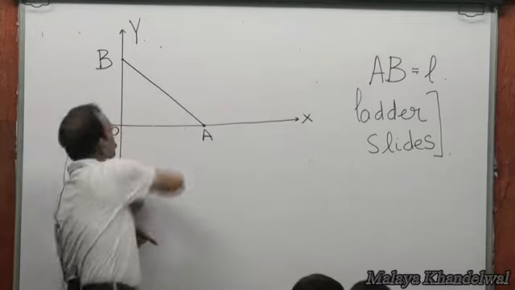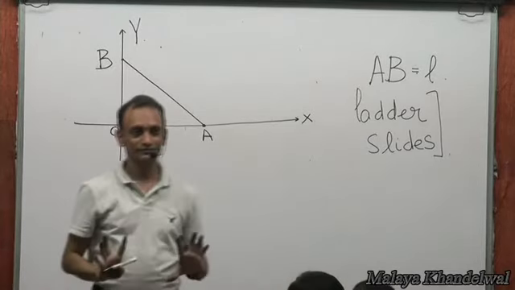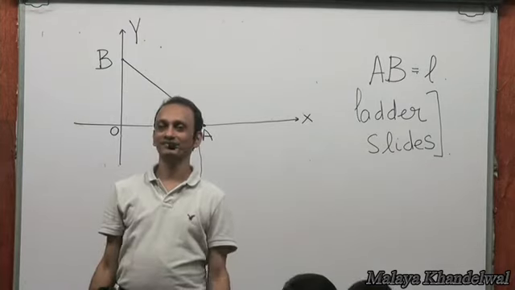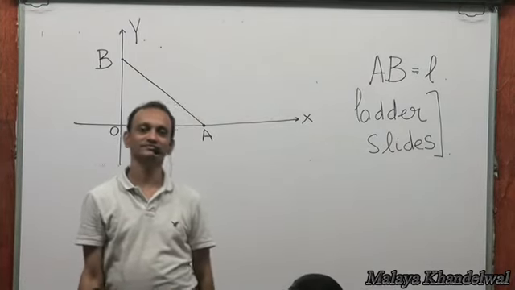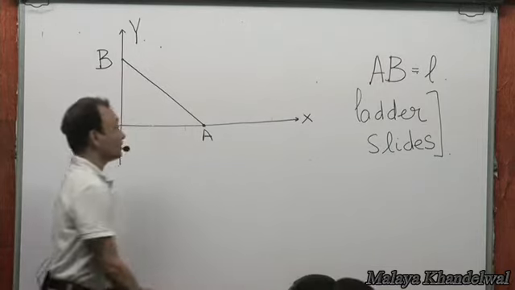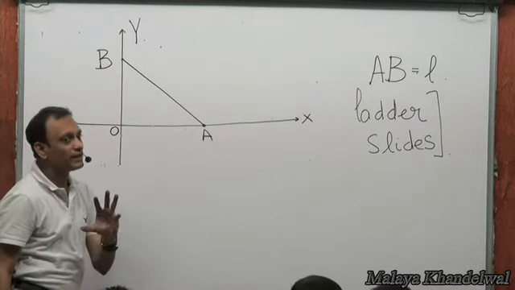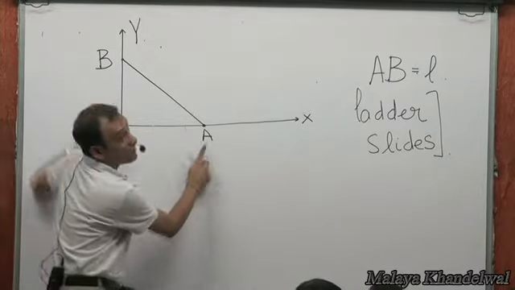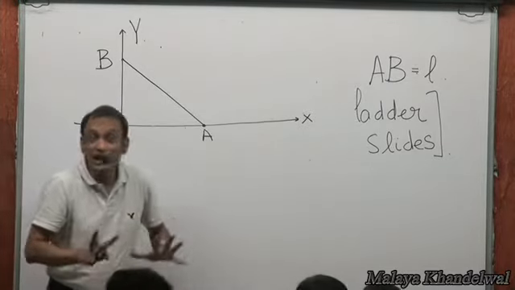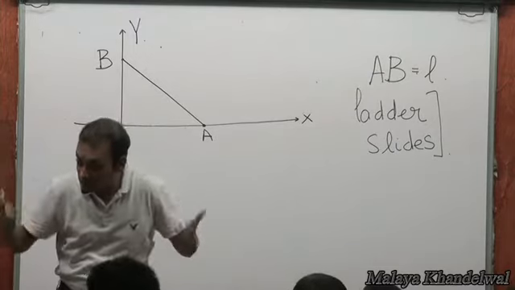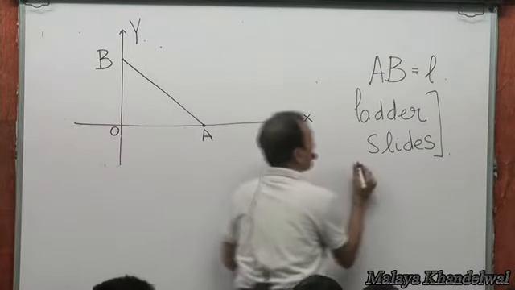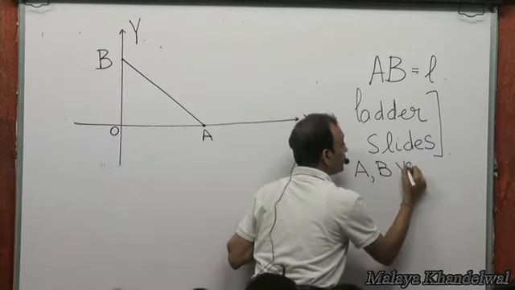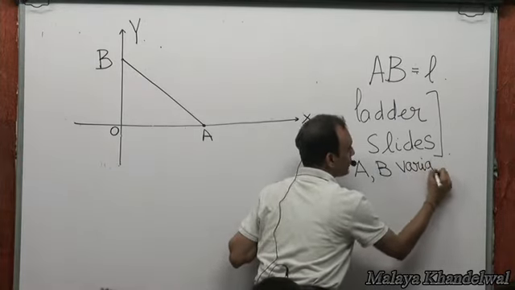The ladder will not dig into the ground. Now, while the ladder slides, the coordinates of A and B will vary. A and B therefore would be variable points. These would be moving points.